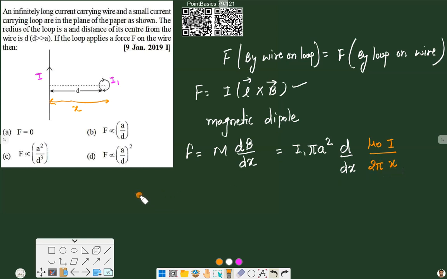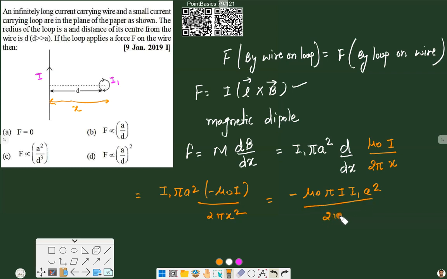So after differentiating, we will have I1 pi a square times minus mu naught I by 2 pi x square, or minus mu naught pi I1 a square divided by 2 pi.